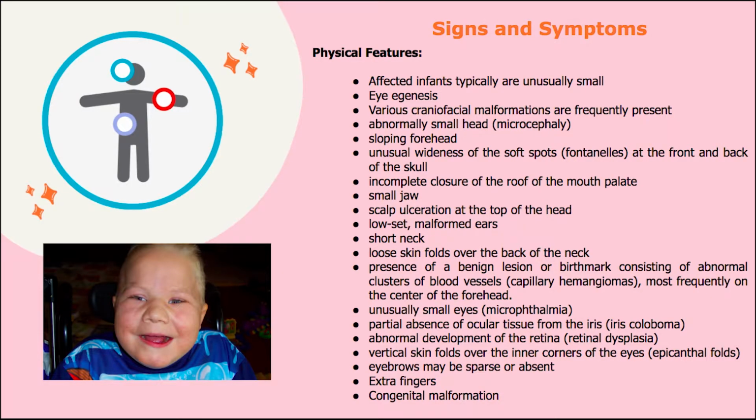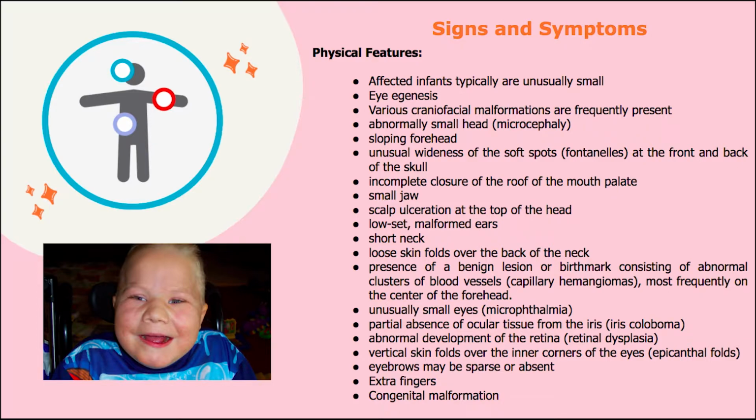So these are the signs and symptoms of trisomy 13, which are divided into physical, cognitive, and others. Affected infants are typically unusually small, with eye agenesis.